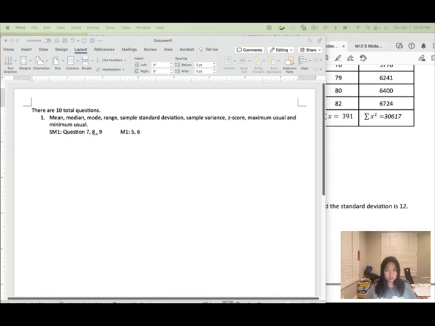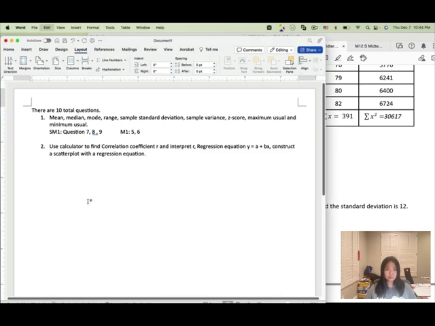Then question 2. You need to know how to use your calculator to find the correlation coefficient R, and how to interpret the R, and find the regression equation. Keep in mind, the regression equation is going to be in this format: y equal to a plus bx.